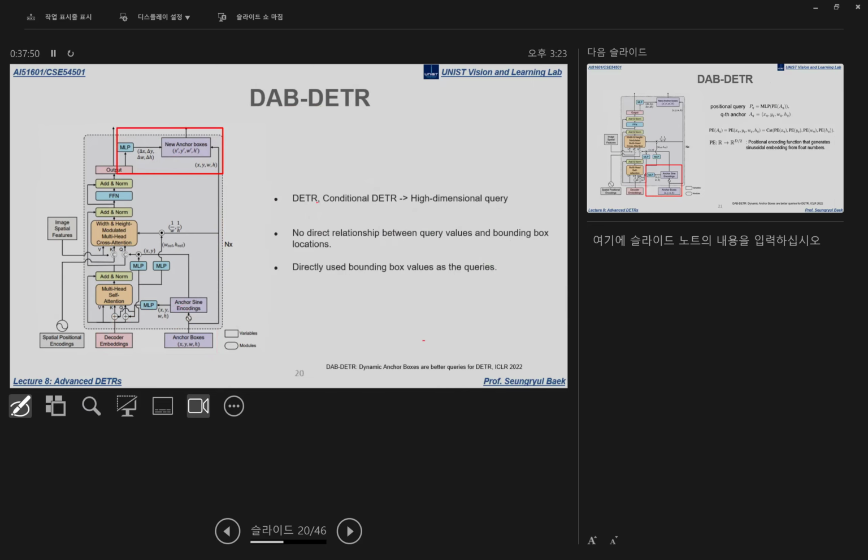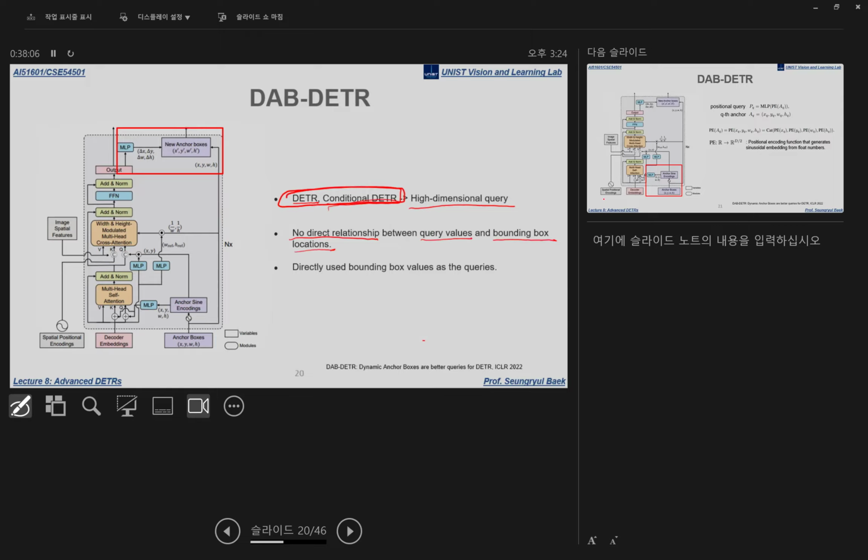Okay. So in DETR and conditional DETR, the object queries are high dimensional vectors, which are meaningless. They have no direct information between the query and bounding box locations.